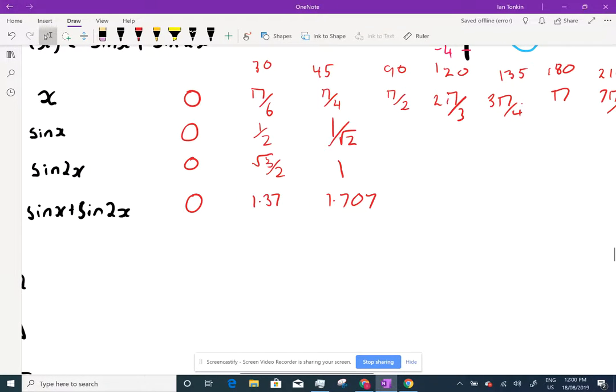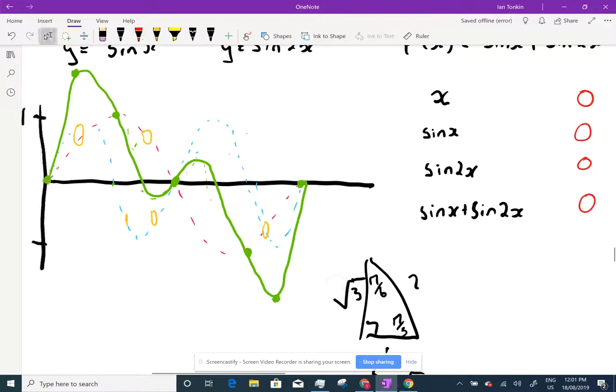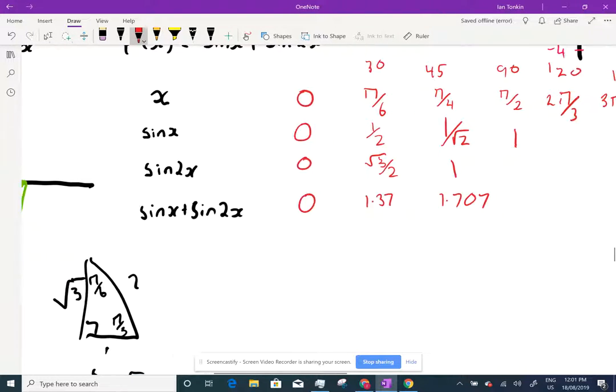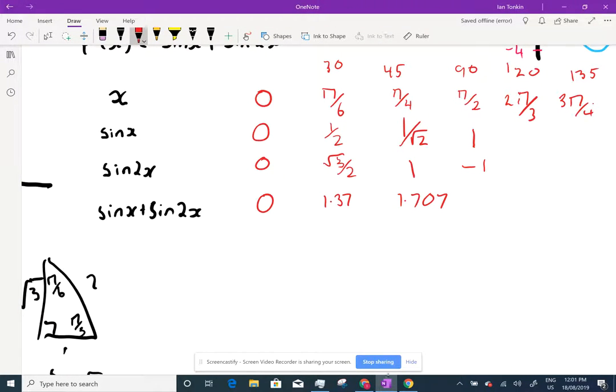Well, we know sine 90 is 1. Now that's sine 180 because 2 90s. Well, sine 180, we can see it here, is negative 1. So that equals 0.